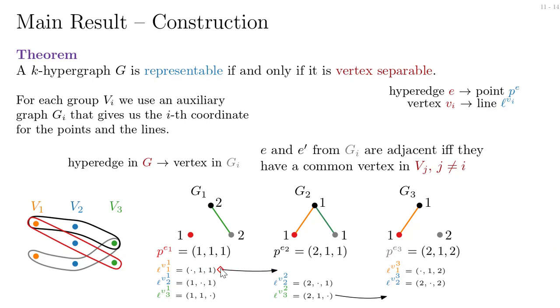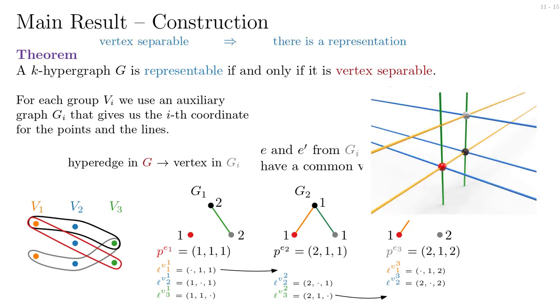These arrows mean that the first line has the same coordinates as this one because actually they correspond to the same vertex here. And if it would not hold, it would mean that this hypergraph is not representable. Our small example using these coordinates that we defined will look like this one.